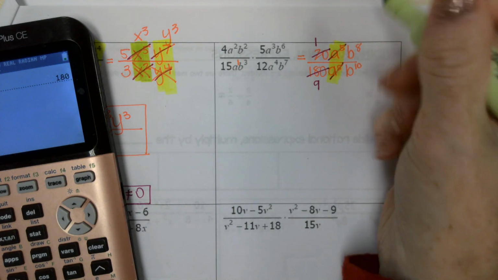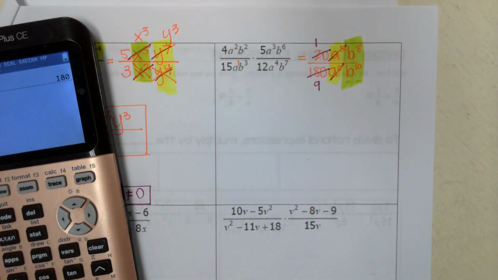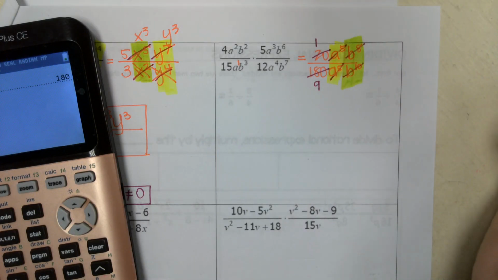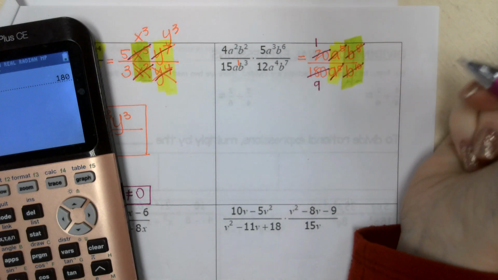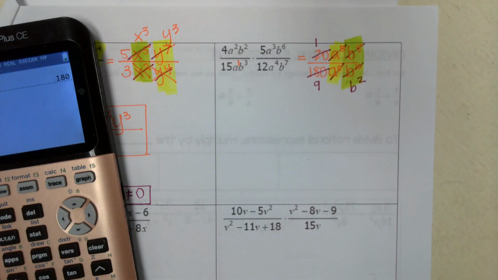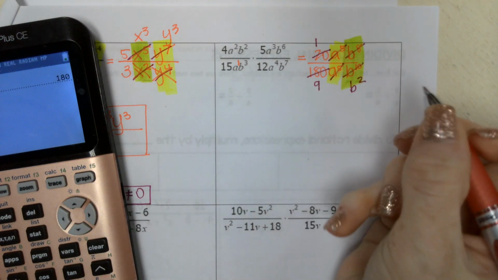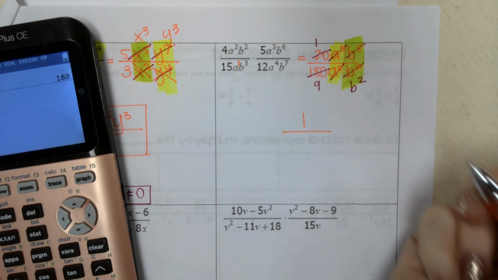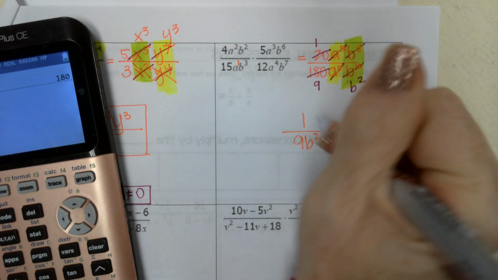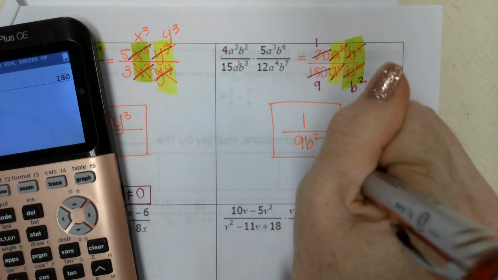And then I have these b's that I need to work on. I have 8 on the top and I have 10 on the bottom. So what happens? You got b to the 2nd where? On the bottom. So my final simplified answer, all I had left in the numerator was just a 1. And then I have 9b squared. That is my final answer.